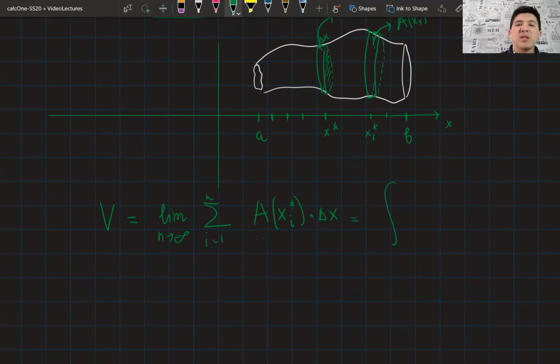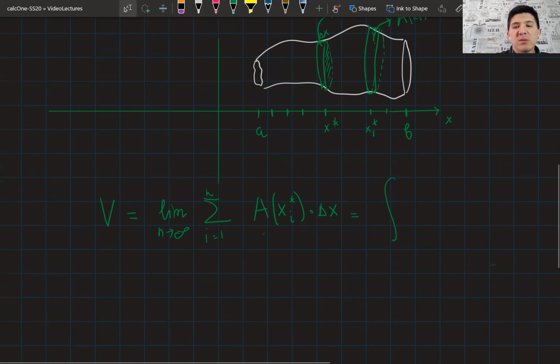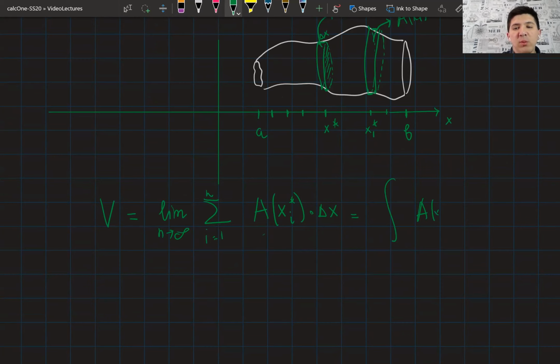So if I would like to find the volume of an object, we just need to integrate the function of the area with respect to x, where x is going to change from a to b. So this is going to be the definition of the volume, and this is how we can find the volumes using the integration. The most important part in this formula is how to define this function A(x). So this is the most difficult part, I would say.